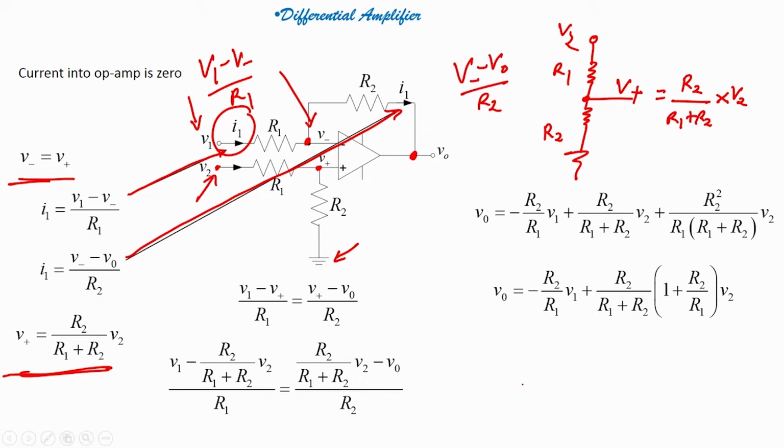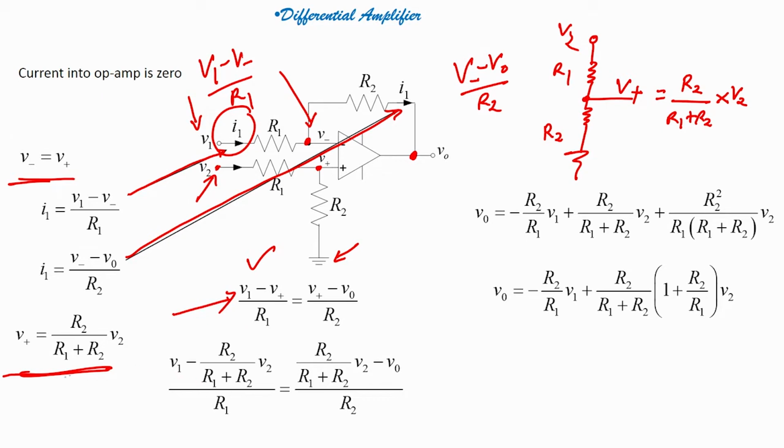Now, I know that V minus equals V plus. So, I will also put my value I1 equal to both these values: V1 minus V minus by R1 equals V minus minus VO by R2. Now, I substitute the value of V plus in this equation.